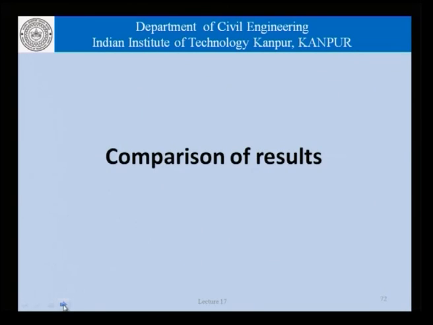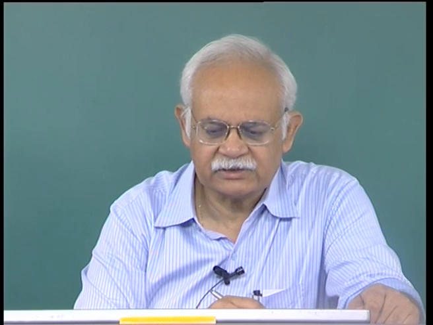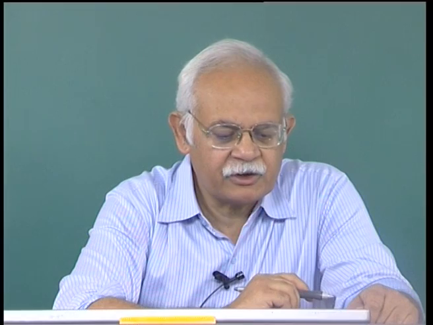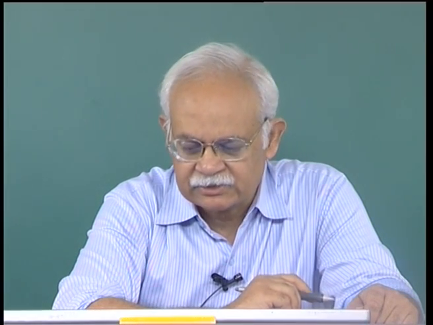Now, if we compare the results of the measured values and the analytical values, these are some of the comparisons that we get in terms of the plain concrete specimen. This is for the temperature at the center, the top face, and the bottom face. There are two things which we should be looking for when we are discussing these results.